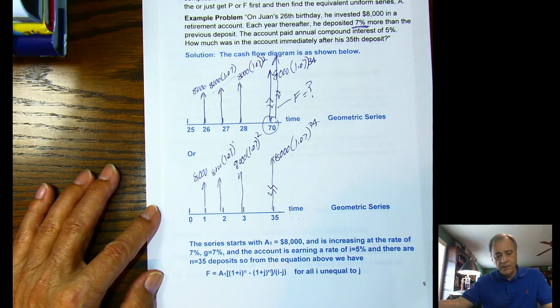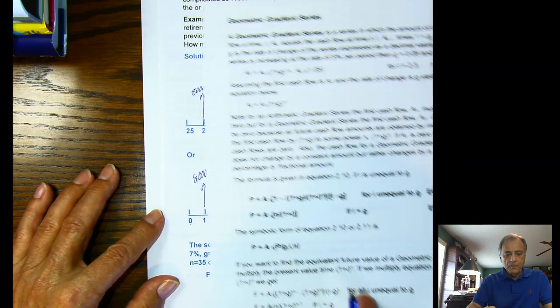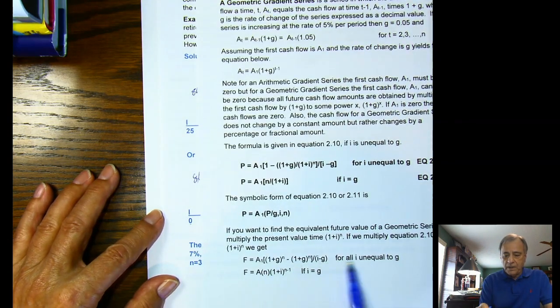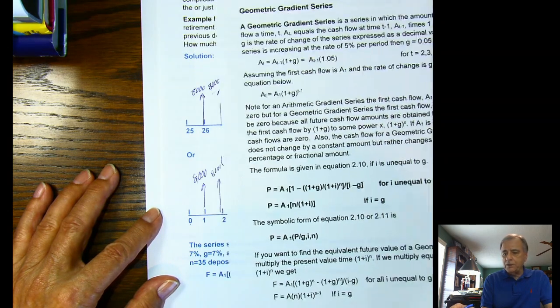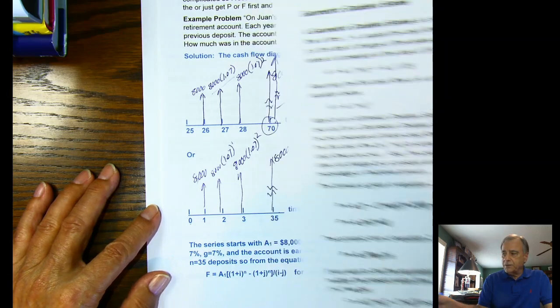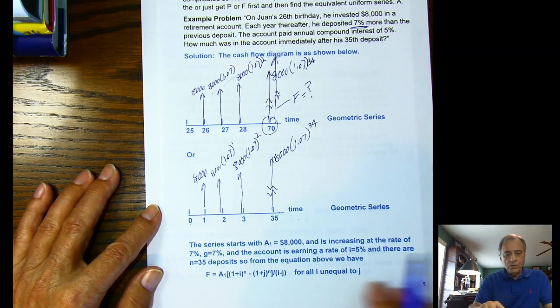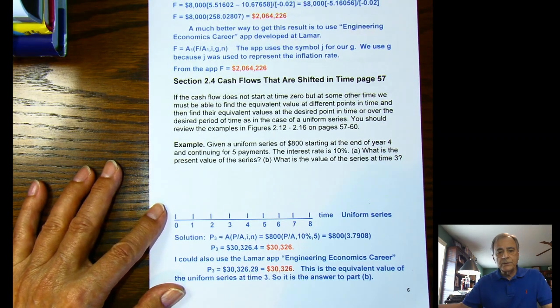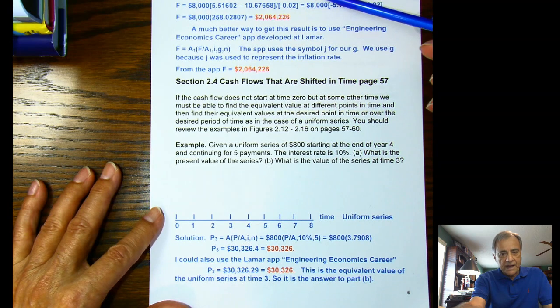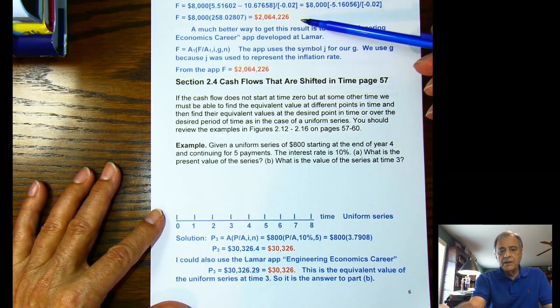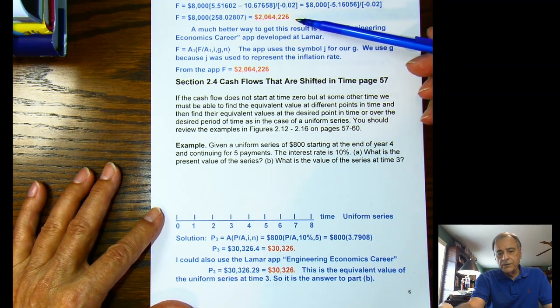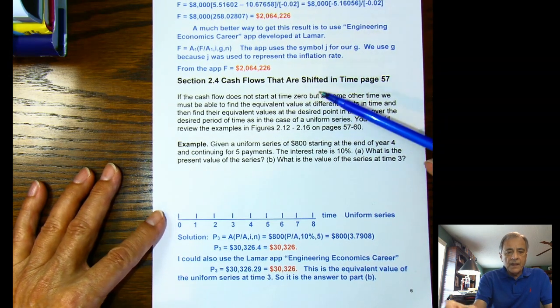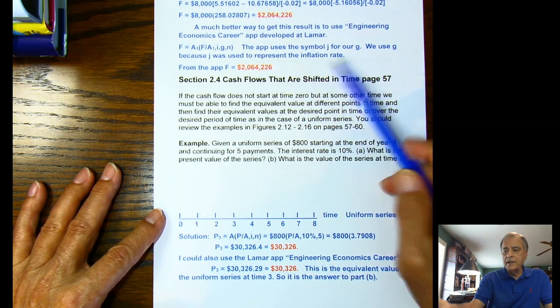We had that previously right here. And i is unequal to g because g was 7% and i is 5%. So that's the formula we're going to use. Again, you could do this by just calculating, and you get $2,064,226.